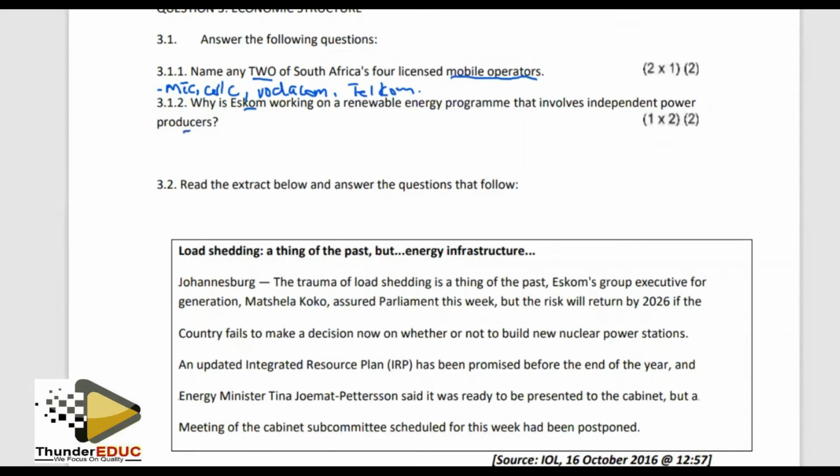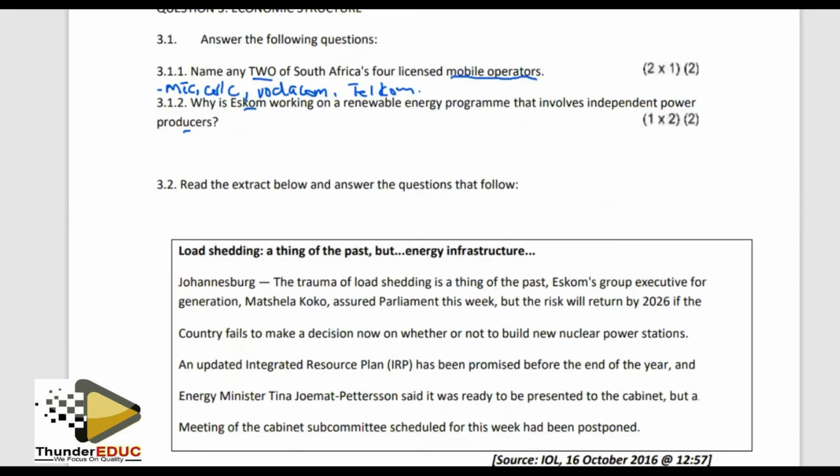Look at this. All the time, Eskom has been a dominant supplier of electricity in the Republic. That may cause a lot of problems, because coal is non-renewable, and it is so much dependent on that.